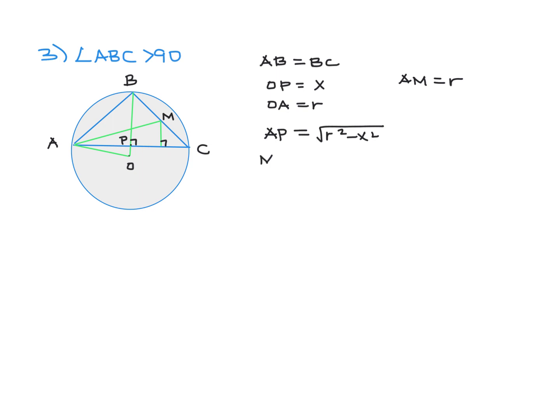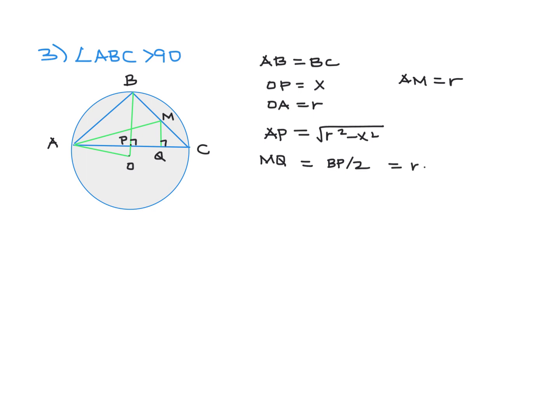And then MQ, that's going to be, where's Q? Oh, I got to draw out that Q there. MQ is BP over 2, right? Because BP is the full top to bottom and M comes from the midpoint. And then BP is really just R minus X, right?